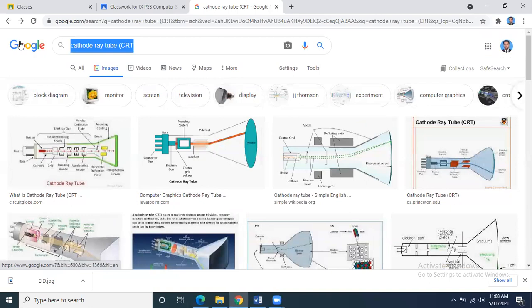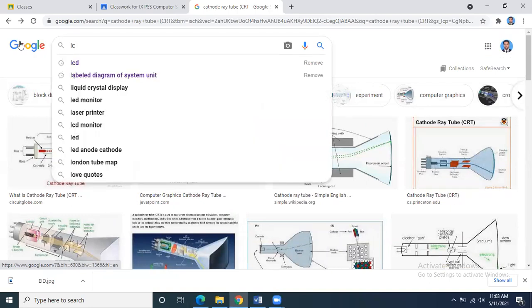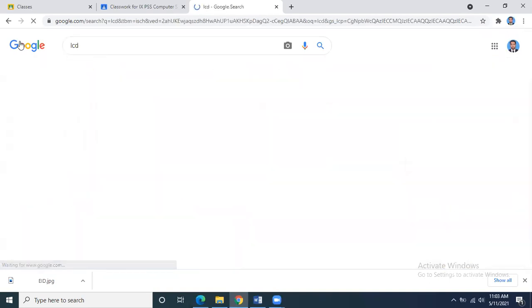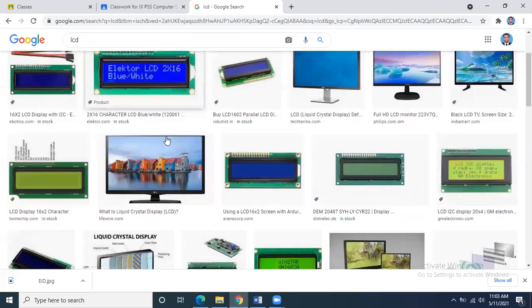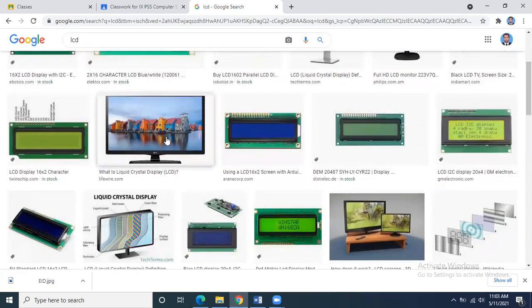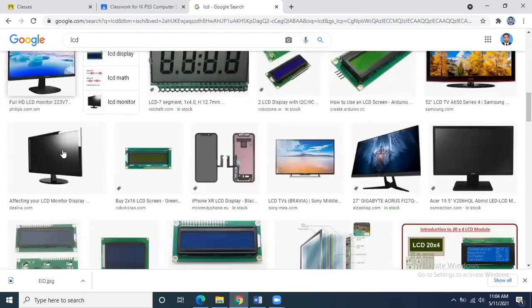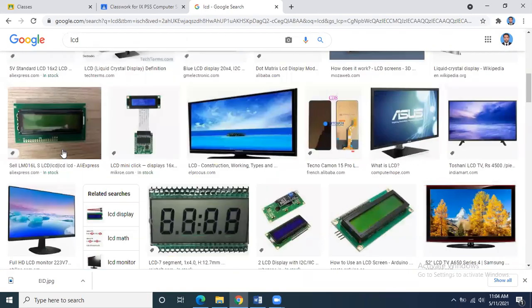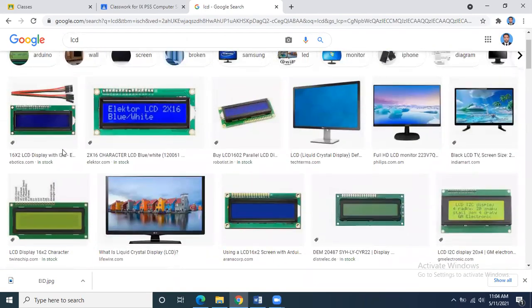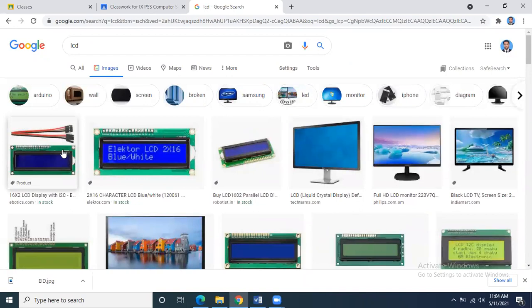But LCD is the modern technology, and now we even have LEDs of different technologies available today, and plasma displays. These are smart in nature. They do not have an electron beam mechanism behind them, so their size is not that large. They are less in size, and their weight is also less.